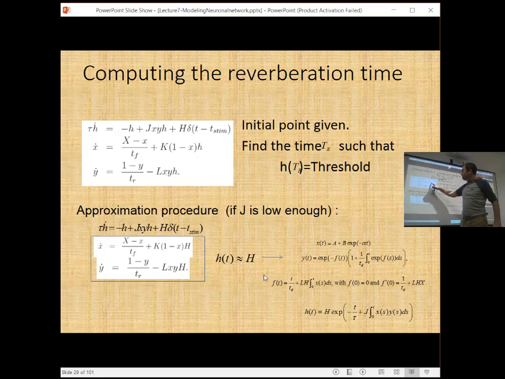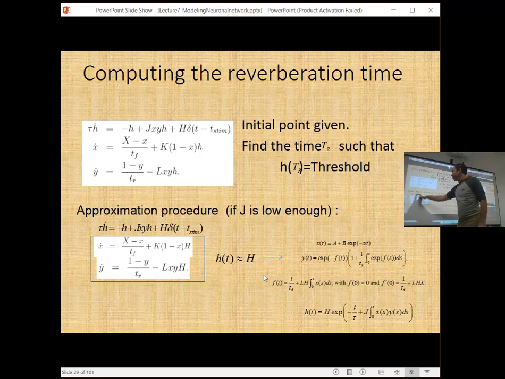So you replace little h by capital H. Now it becomes easy. It's not anymore a coupled system of equations. You have x, x dot, the rest is constant. So it's an ordinary differential equation of order 1. It's what you learn at school. So you can solve it. It's like a plus b exponential of something.